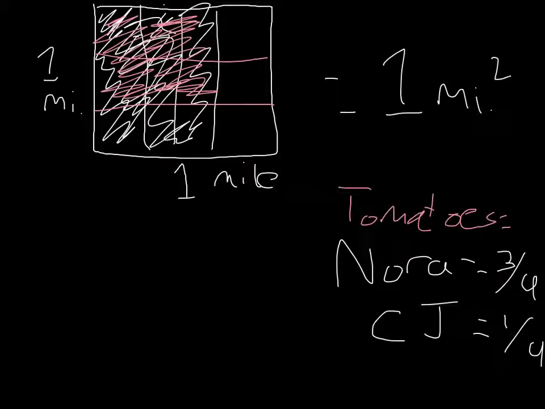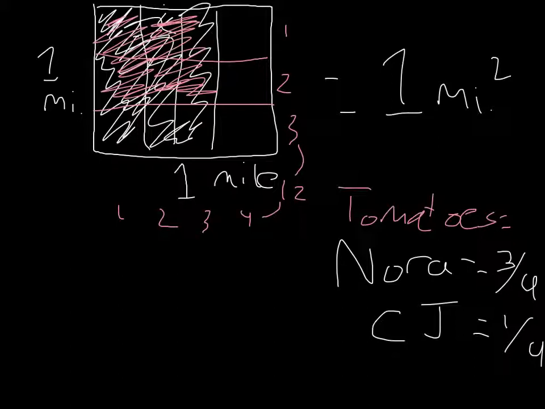There's 1, 2, 3. We have 3 squares, and then across there is 1, 2, 3, 4. And since we want to find how much there are, we can do 3 times 4, which is 12. So that means there are 12 squares in total.